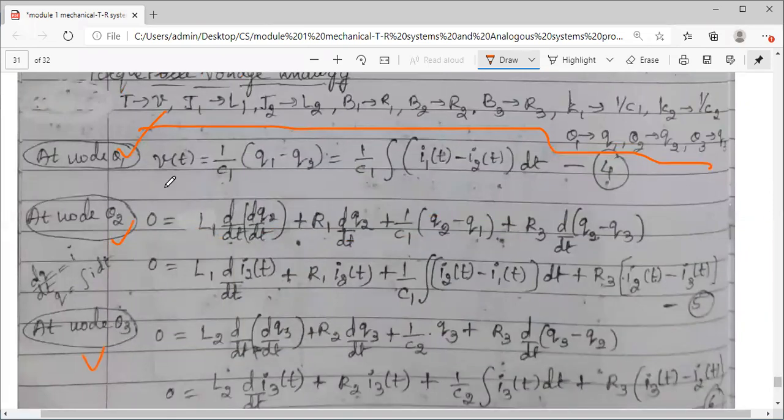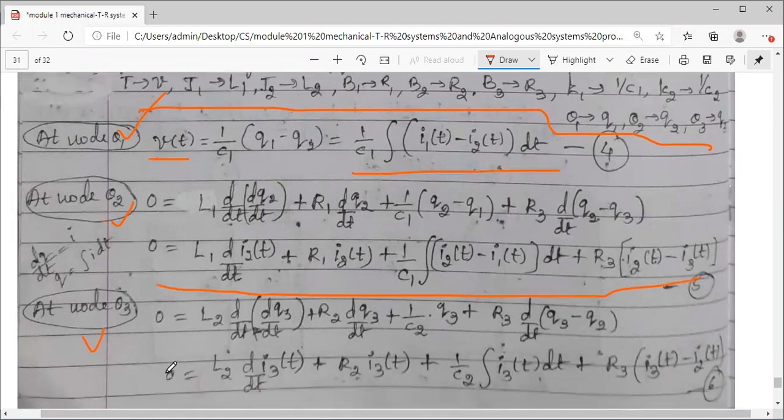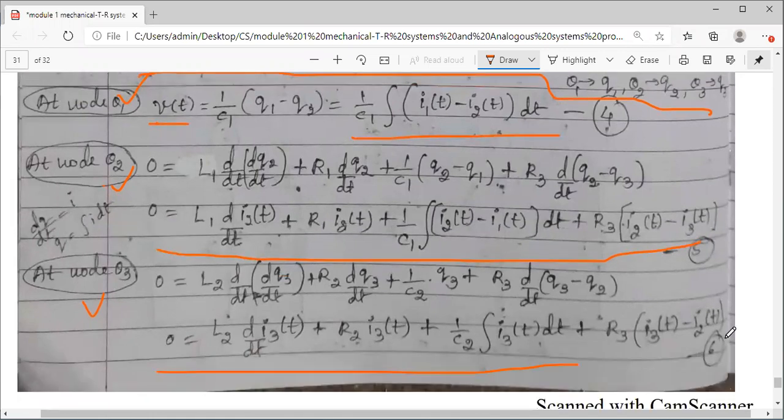Please complete this after your class. For the first equation, torque is equal to, so it is V is equal to, I have got this. For theta 2, I have got this equation. And for theta 3, I have got this equation. Whatever I have encircled, these 3 are the equations which I have got.